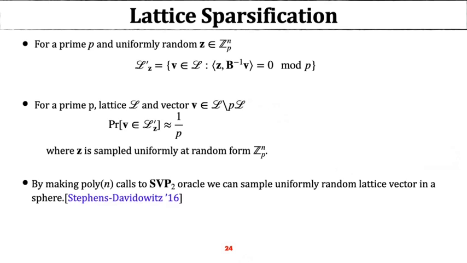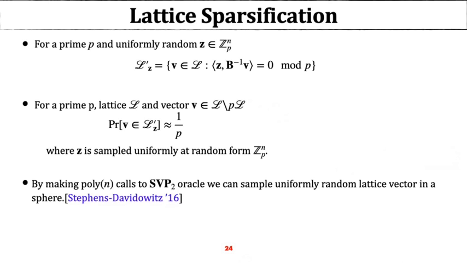And by using this observation, Stephens-Davidowitz and Noah show that if we make a polynomial number of calls to an SVP2 oracle, then we can sample a uniformly random lattice vector in a sphere.